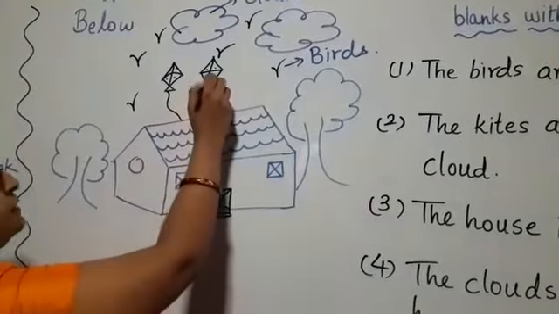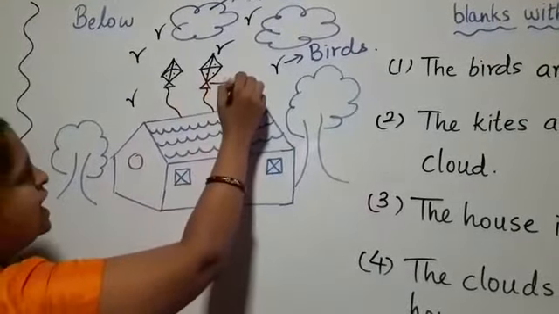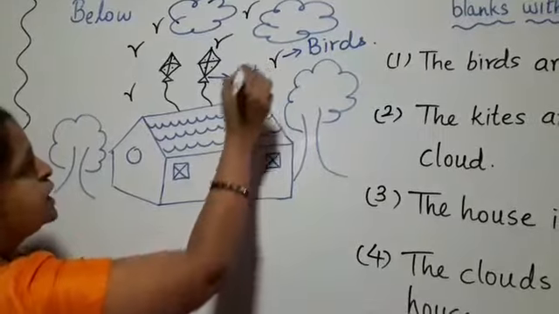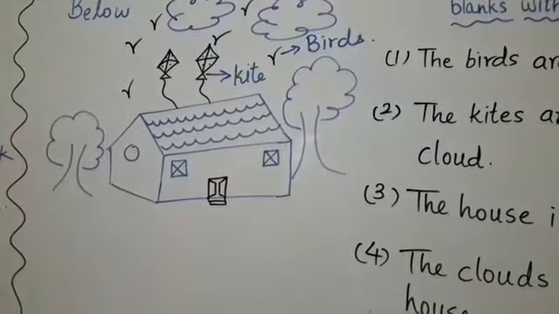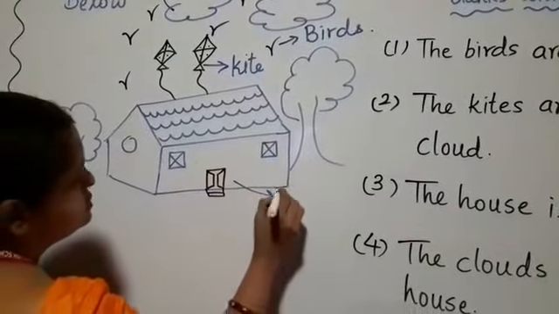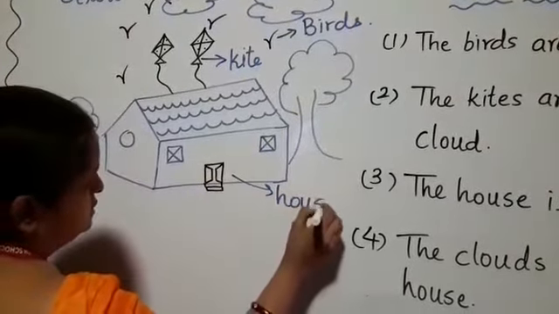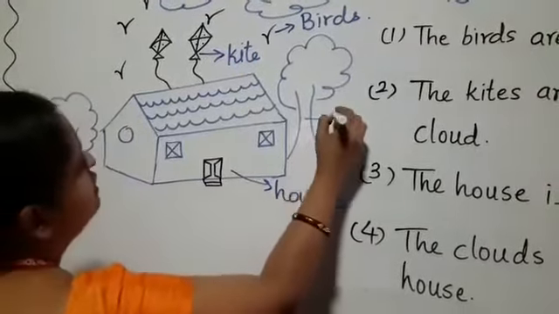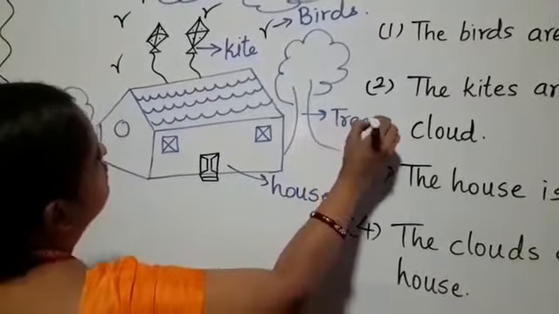Then you know it very well. Yes, it is kite. जो हम लोग संक्रांत में जो काइट हम लोग उड़ाते हैं ना, वही वाला पतंग है. Then this is a house, and then this is a tree.